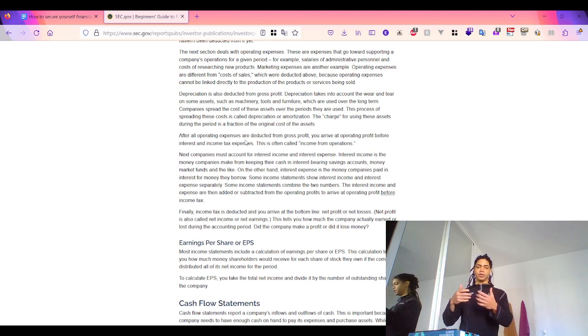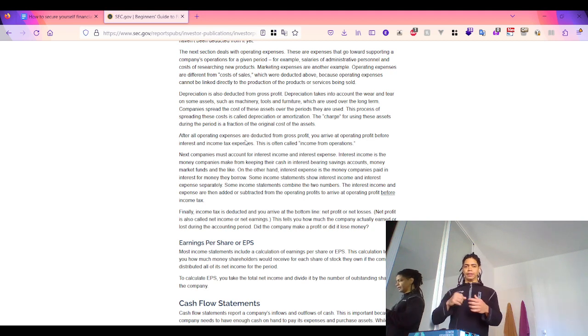Excise tax as well, which is a specific tax imposed on certain goods like tobacco, alcohol, guns, gasoline. And GST, which is the goods and services tax imposed in place of the VAT in places like Canada, India, and Australia.